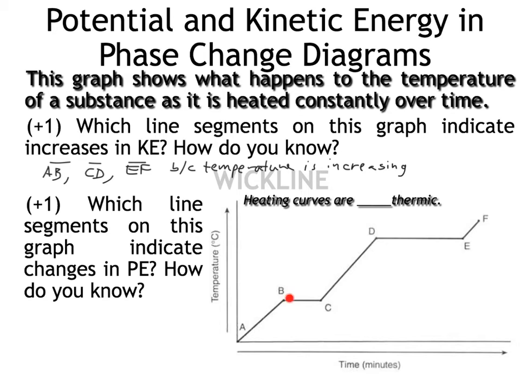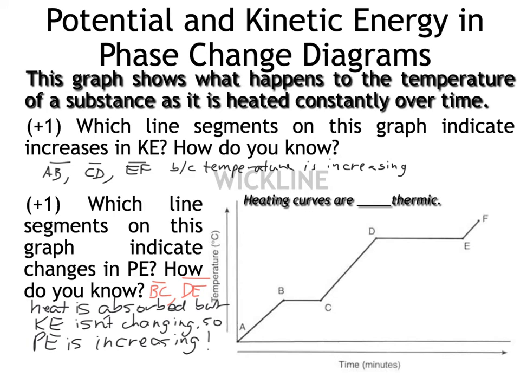But even in section BC and section DE, the substance is still absorbing heat. But you can tell by the line being flat that it is not absorbing kinetic energy, because the temperature is remaining constant in those sections. So if it's not absorbing heat for increasing kinetic energy, then the heat must be being used to increase potential energy.